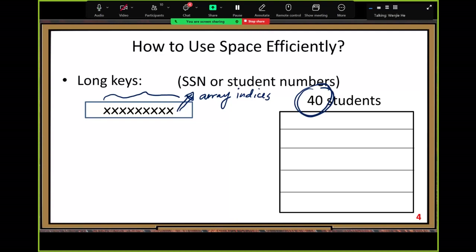With a 9-digit array, your main memory cannot hold it. You do not have that much space in main memory. That's the reason this algorithm is useless. You cannot use keys as indices directly, which means you cannot use direct addressing.